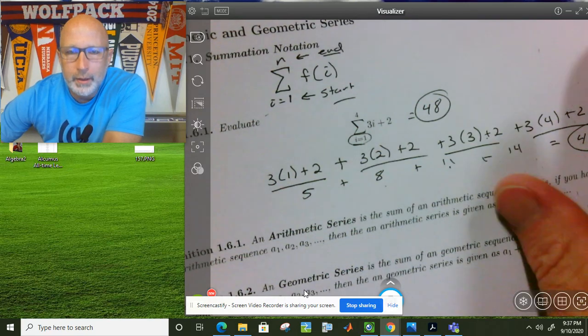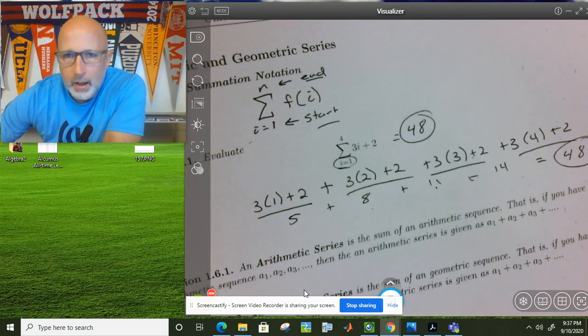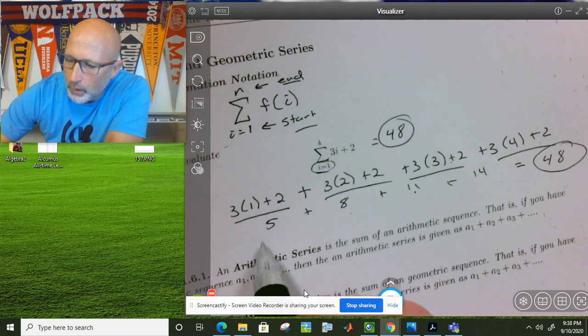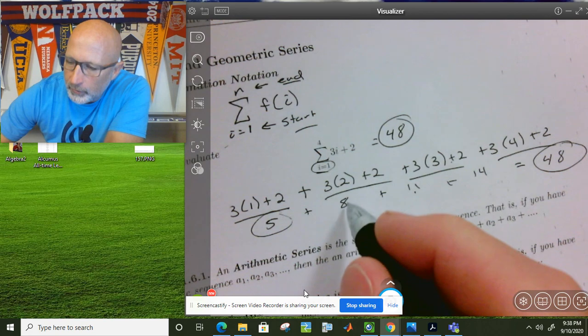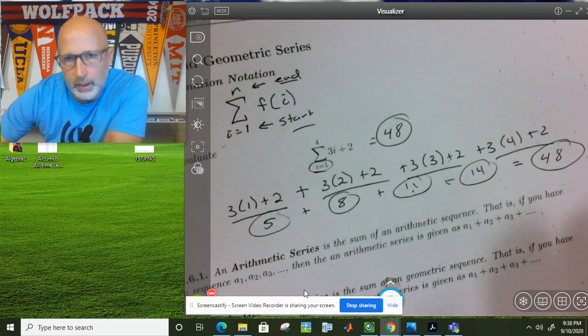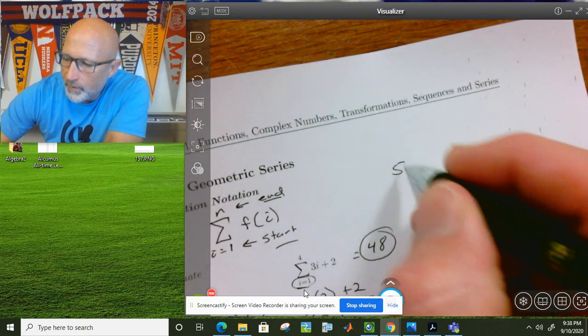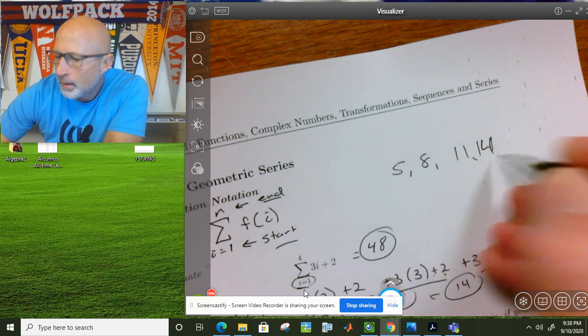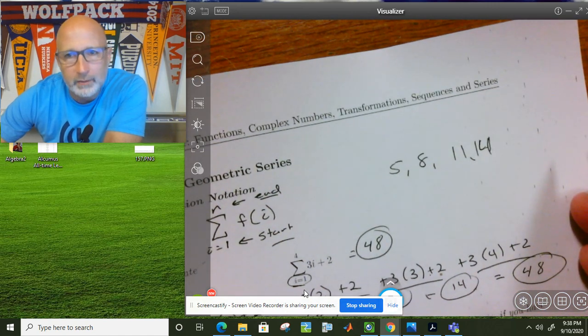Now, the other thing you should notice here, which is pretty important, is look at these numbers. When you plugged in 1, you got 5. When you plugged in 2, you got 8. When you plugged in 3, you got 11. When you plugged in 4, you got 14. So let's look at those numbers: 5, 8, 11, 14. Well, that's an arithmetic sequence, right?